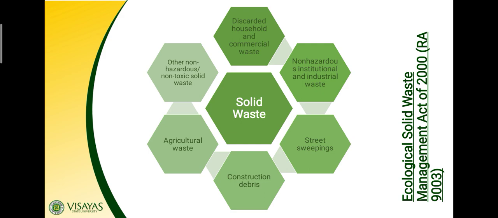As defined by Republic Act or RA 9003, otherwise known as the Ecological Solid Waste Management Act of 2000, solid waste shall refer to all discarded household, commercial waste, non-hazardous institutional and industrial waste, street sweepings, construction debris, agricultural waste, and other non-hazardous or non-toxic solid waste.